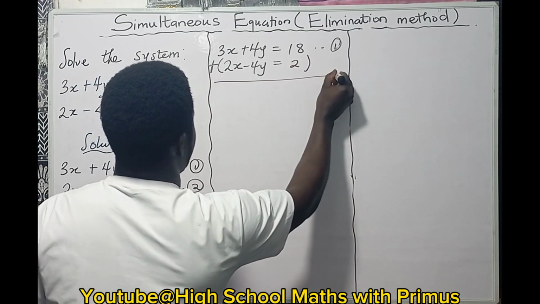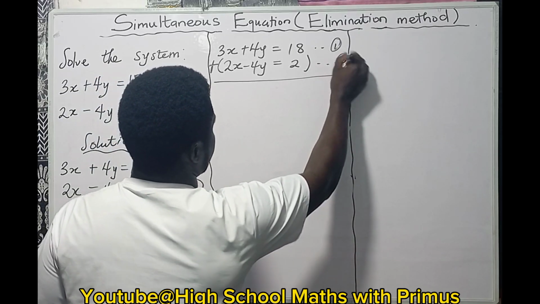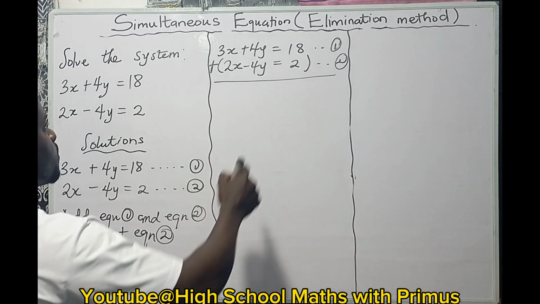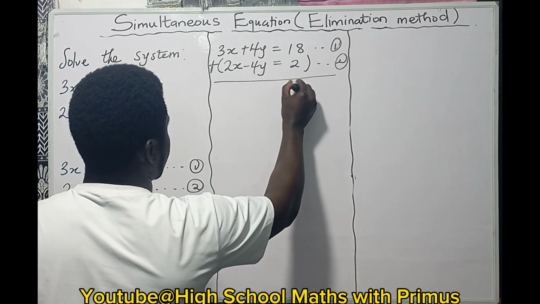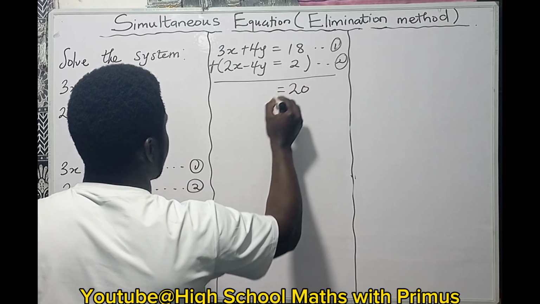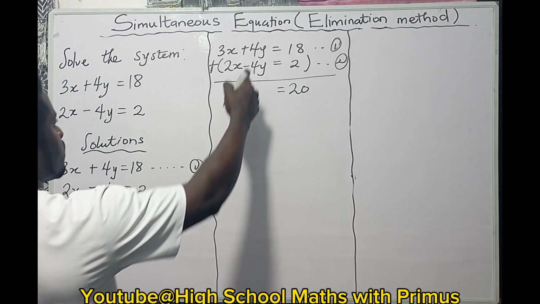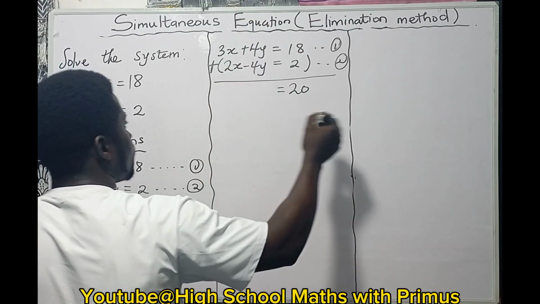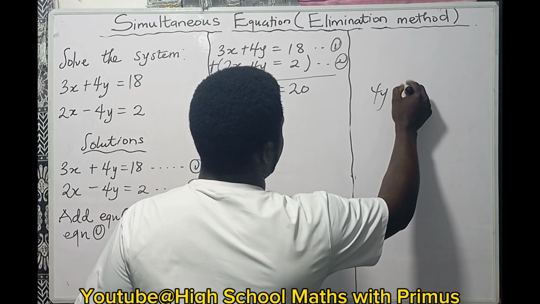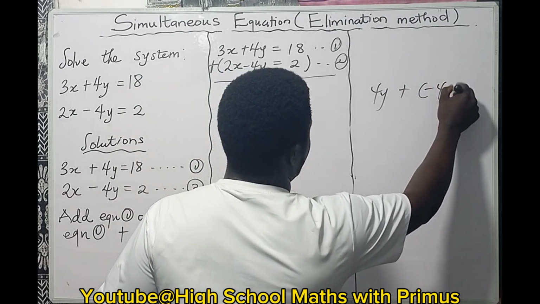This is equation 2. So 18 plus 2 is 20. We bring our equal sign. Then 4y plus minus 4y.